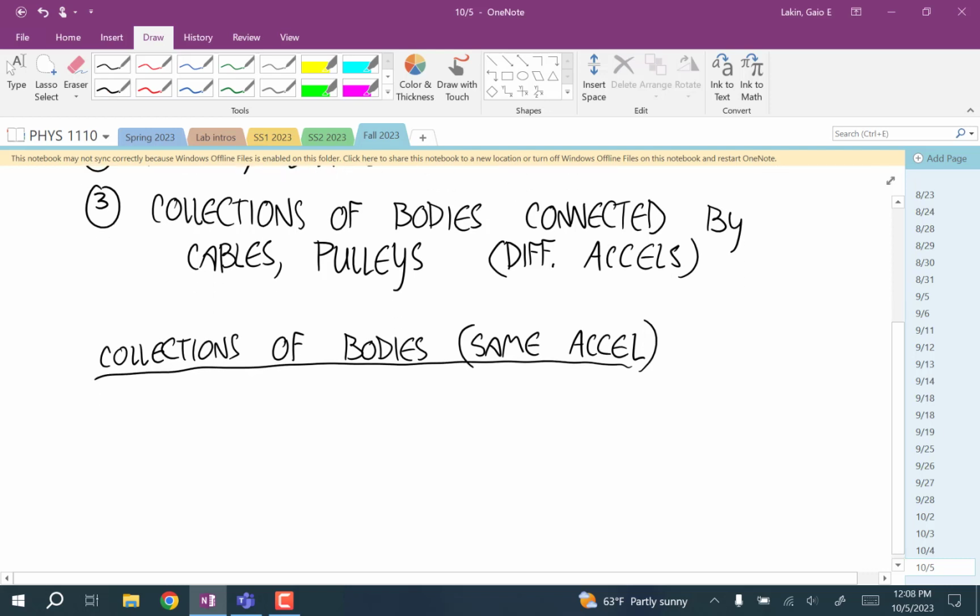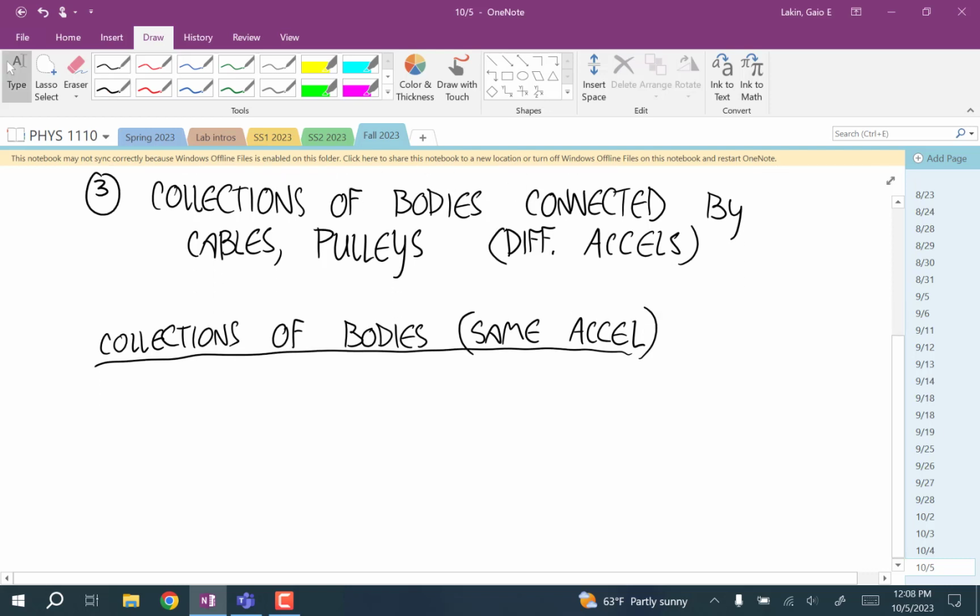And first, I'm just going to tell you the approach, and then I'll show you how that looks as you do it. So the overall approach is, instead of isolating the individual bodies to start with, you isolate the whole system as if it's a single thing. You can always isolate collections of things.